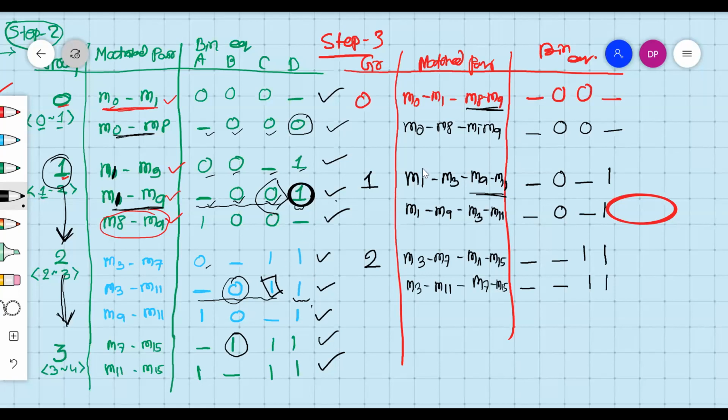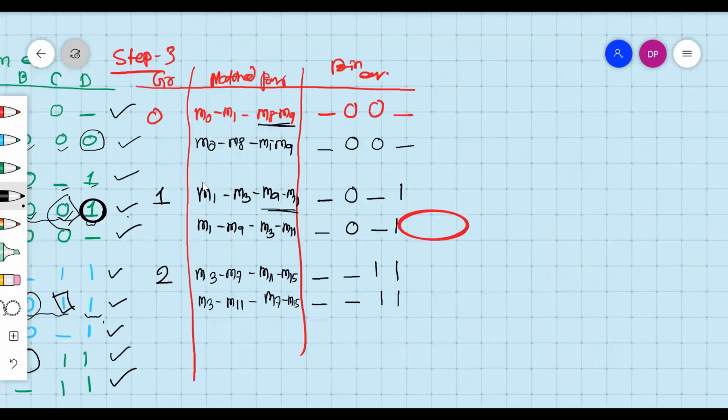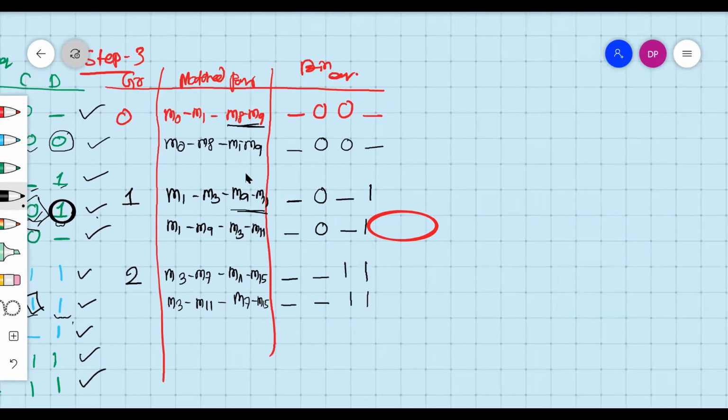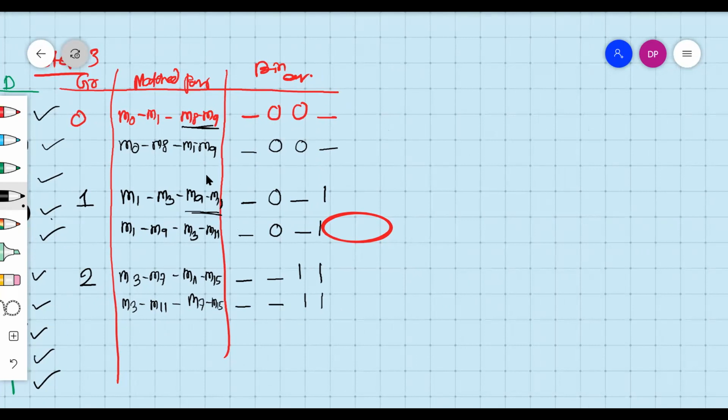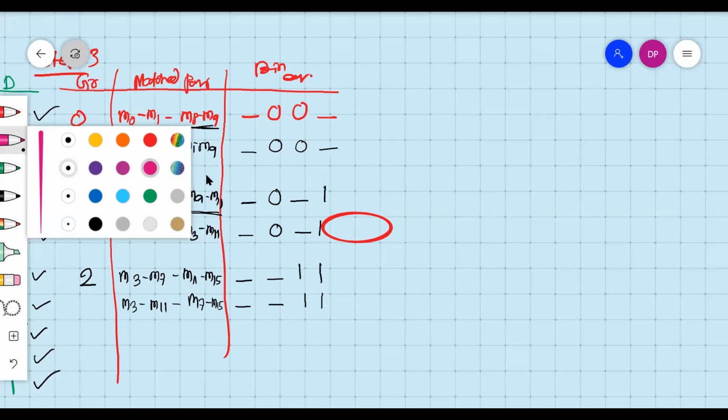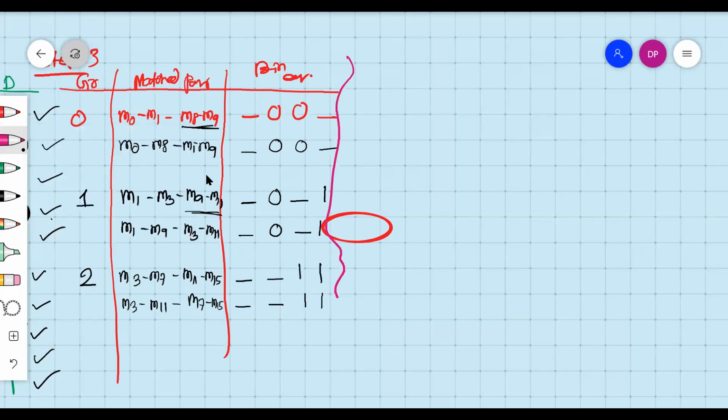See here, this is step 3. So here we will take this.